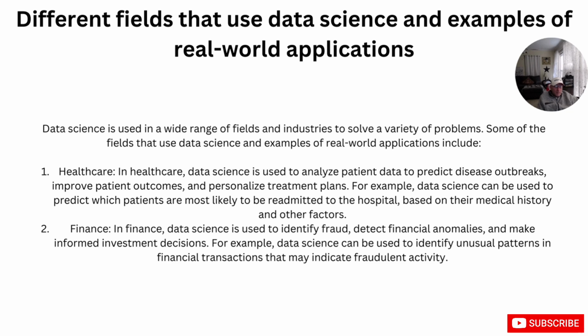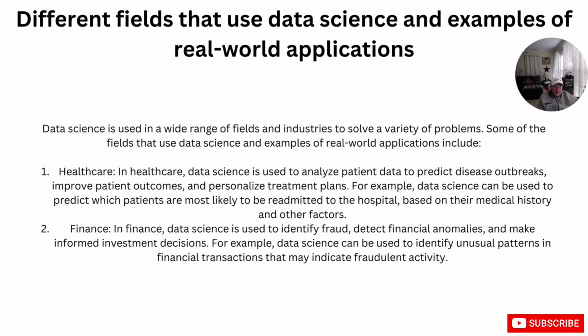In healthcare, data science is used to analyze patient data to predict disease outbreaks, improve patient outcomes, and personalize treatment plans. For example, data science can be used to predict which patients are most likely to be readmitted to the hospital based on their medical history and other factors.